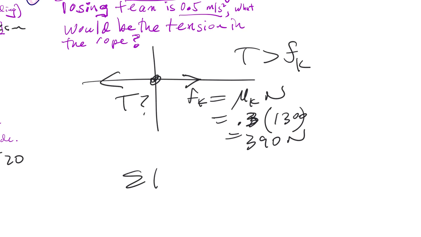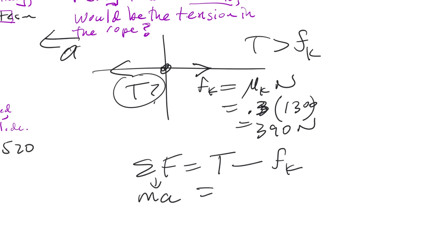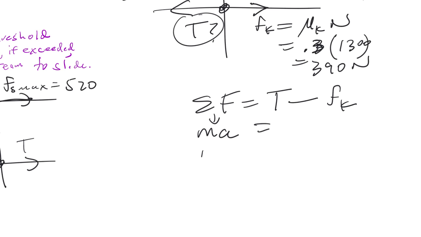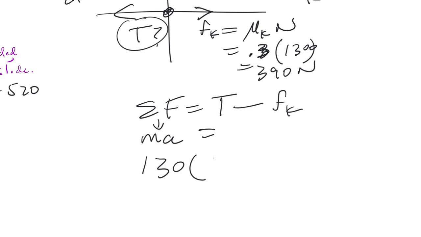Okay, so the net force is equal to the bigger force. It's accelerating to the left, right? So T is bigger than FK because T is in the direction of the acceleration. So net force is also MA. So what's the mass of that team again? It's 130 times acceleration of that team is 0.5, in the negative direction. It says right here.